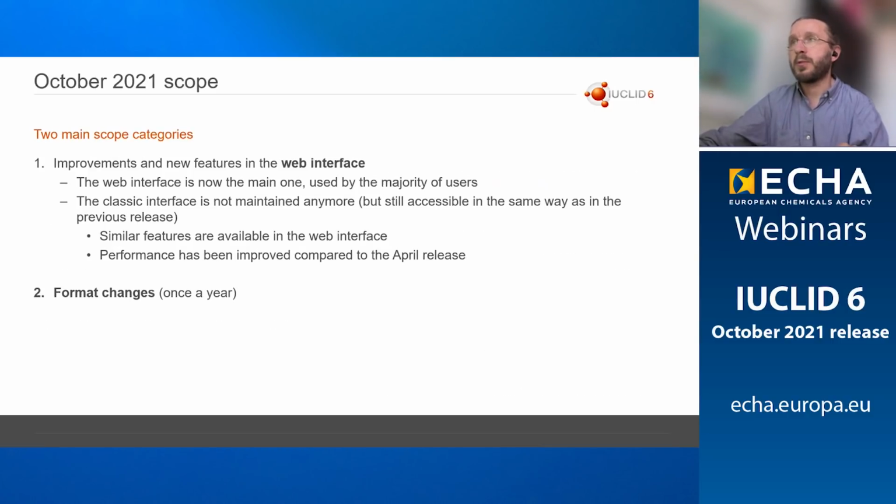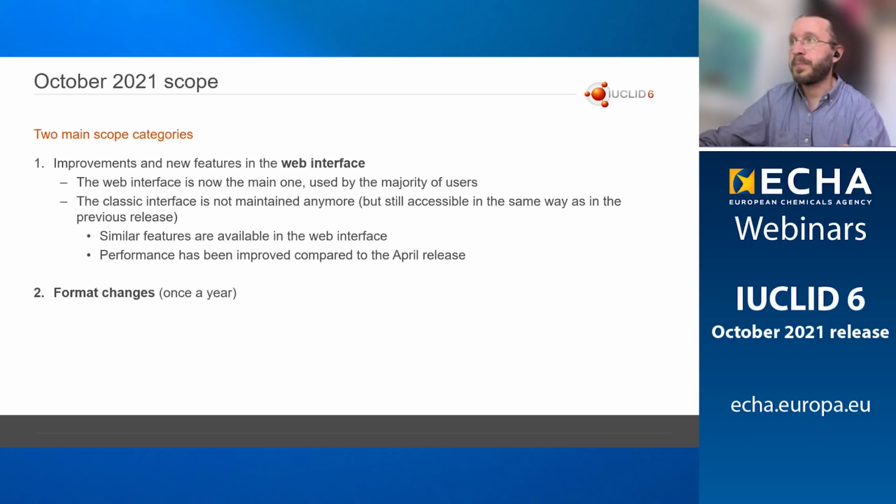As usual, in the October releases, we have two main categories of changes. The first one is the additional improvements to the web interface. Nowadays, the web interface is the one that is mainly used by the majority of users. And the classic interface that used to be there is not maintained anymore, but it's still accessible in the same way as in the previous releases.